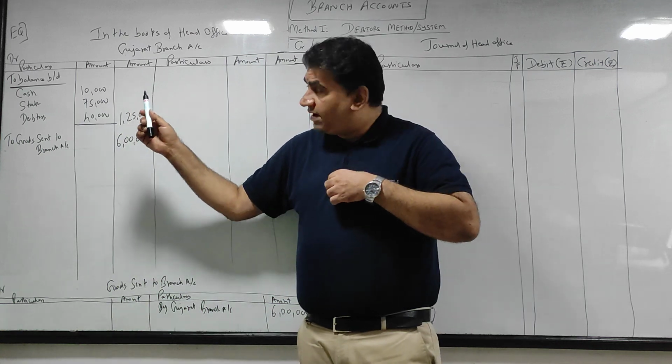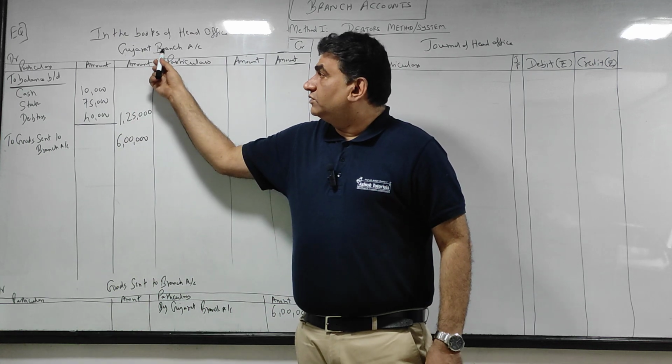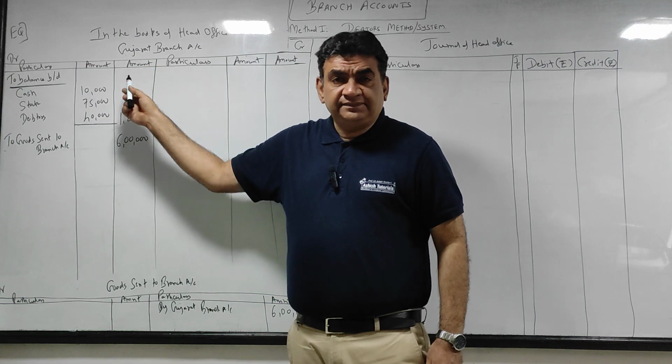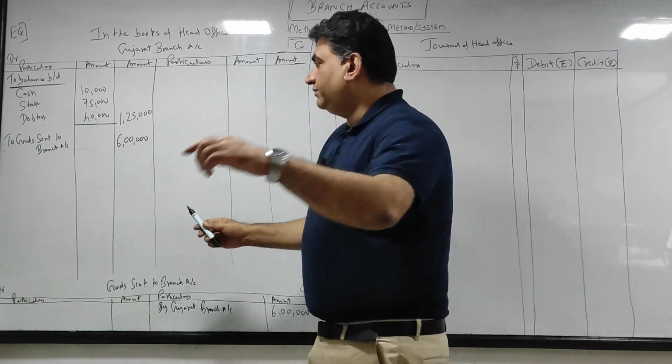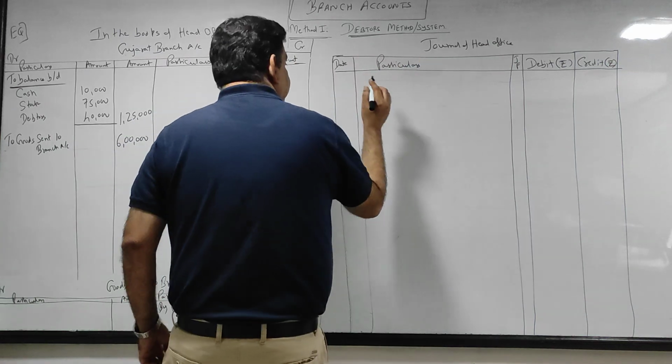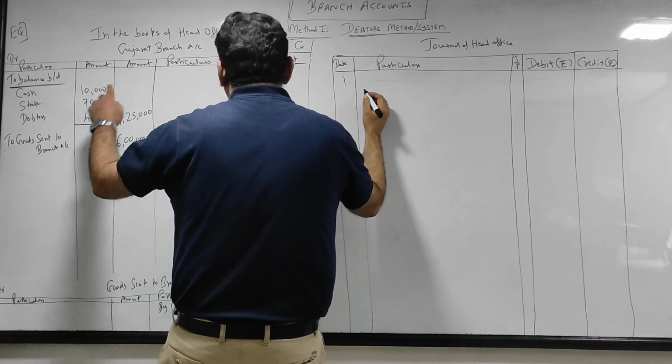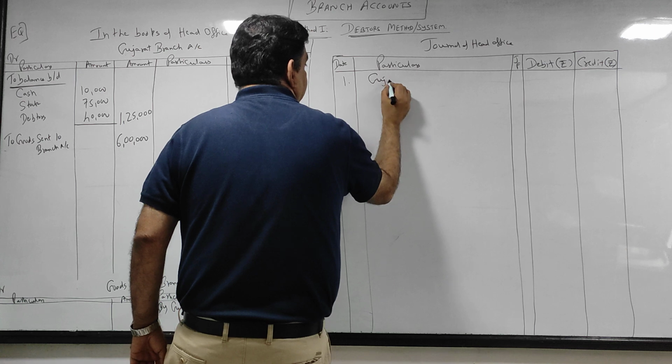FYJC SYJC का बेसिक. सो व्हाट आई विल डू, गुजरात ब्रांच के डेबिट में लिखा है, सो गुजरात ब्रांच टू गुड्स सेंट टू ब्रांच. कम टू द जर्नल. Dates are not given. Serial number 1. Journal is very simple.